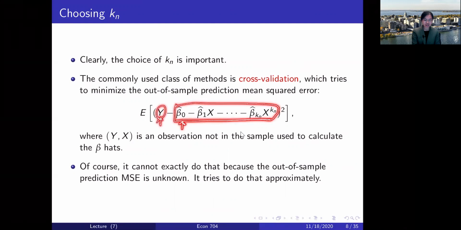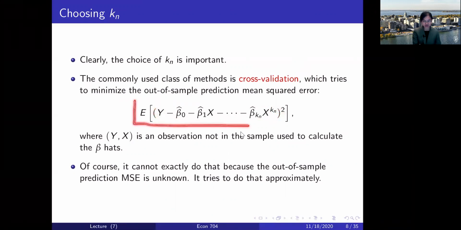By being close to y, you also get close to the true conditional mean of y given x. You measure that closeness by the expectation of the square. So that's the prediction mean squared error. You want to minimize this prediction mean squared error by choosing your Kn.